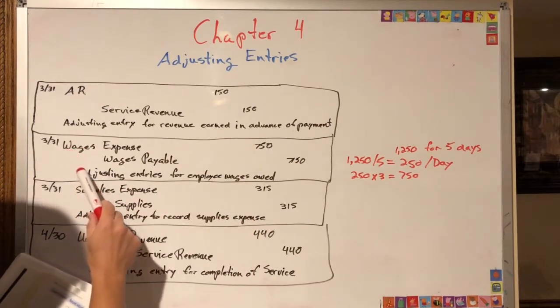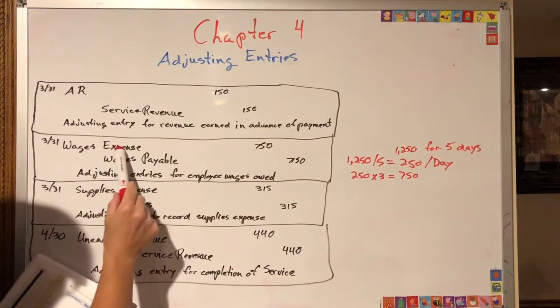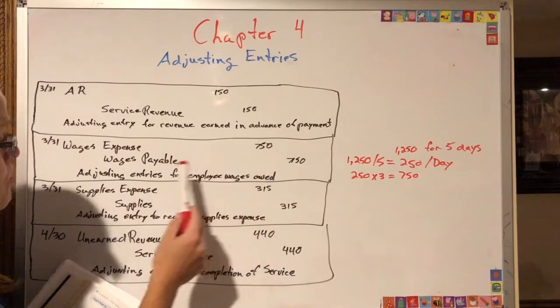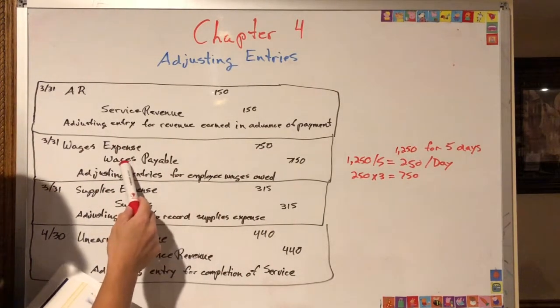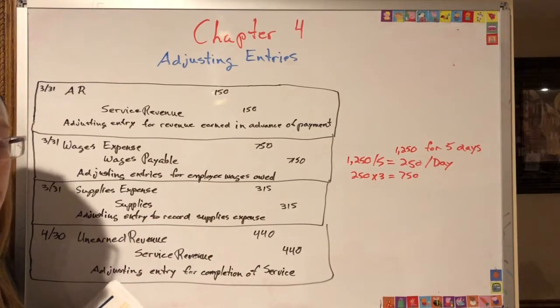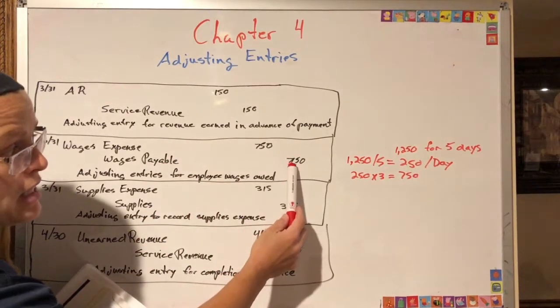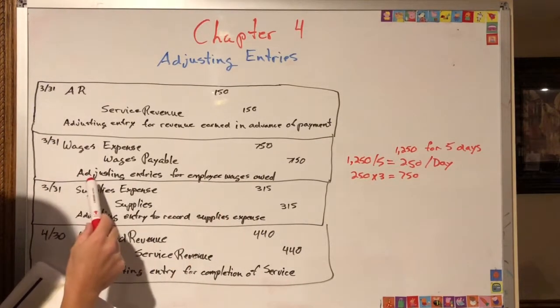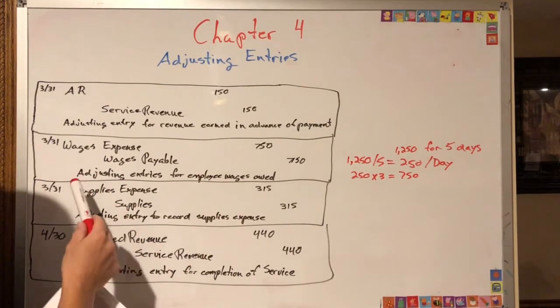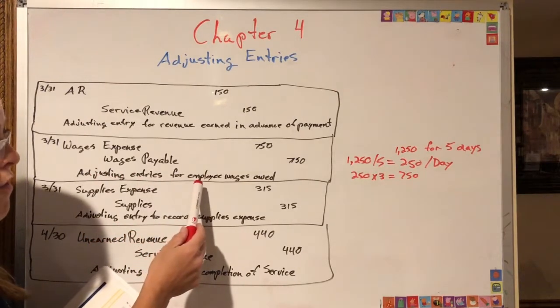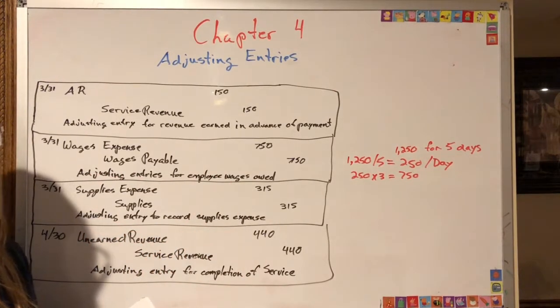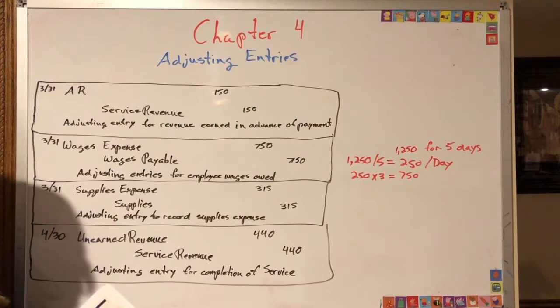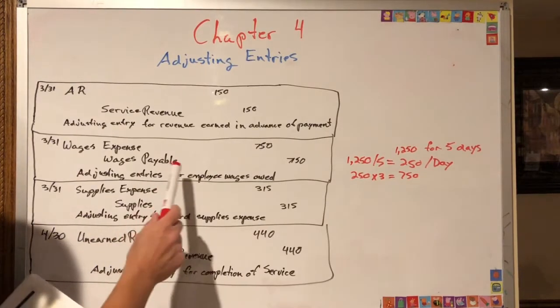So our debit is our wages expense, $750, and our credit is wages payable, which is a liability because we owe it, and that's $750 that we owe. And our explanation for the adjusting entry is adjusting entries for employee wages owed, because they earned that pay, right? So that's that entry.